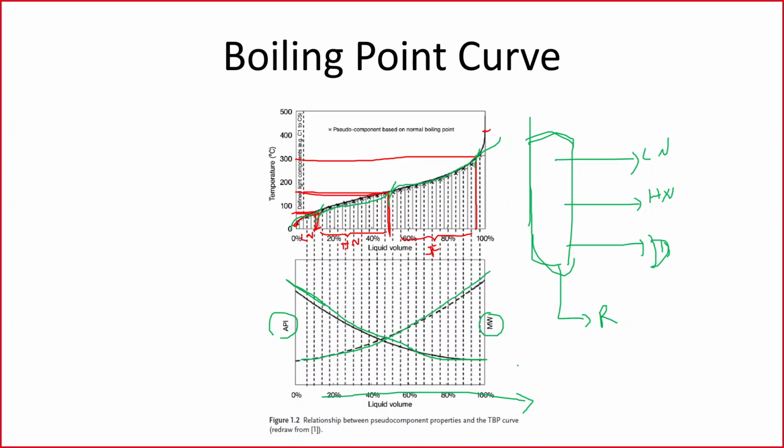From this graph we can see the correlation between the boiling point, the split fractions that I put over here, the API gravity, and the molecular mass. So there is a lot of information. These four pieces of information are there, and then you can tell how much profit you can gain, roughly speaking.